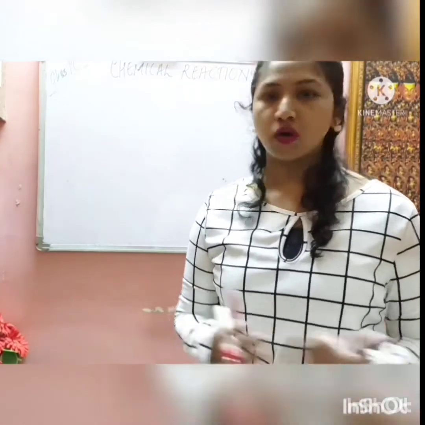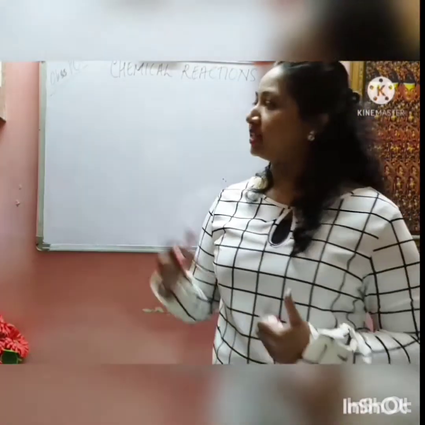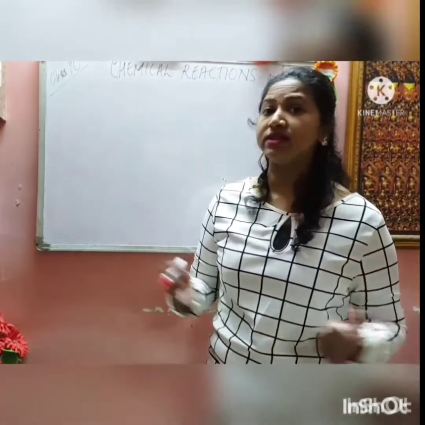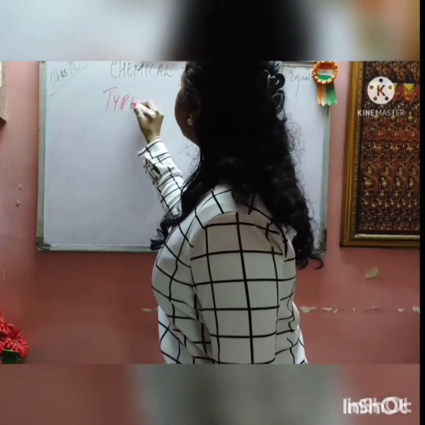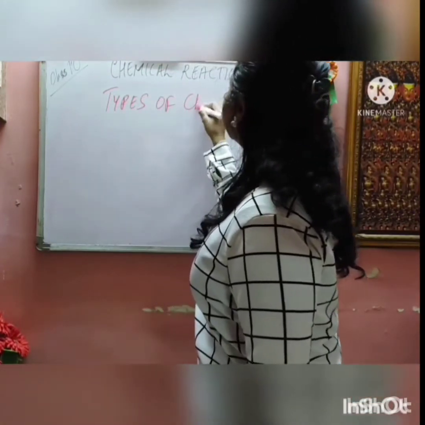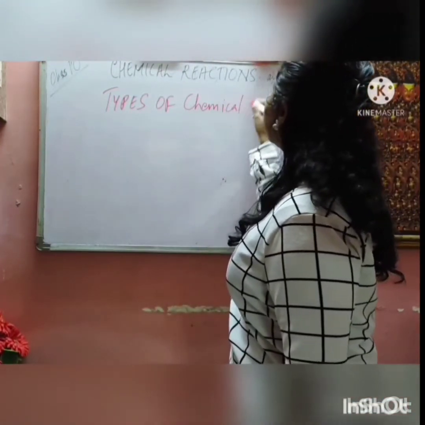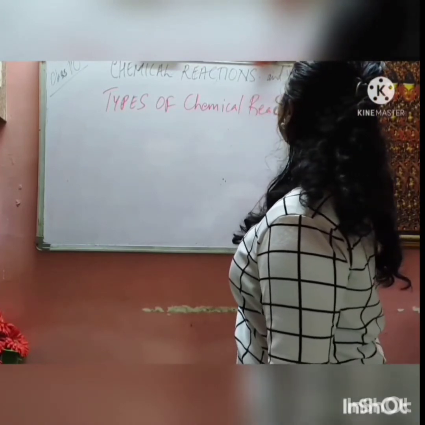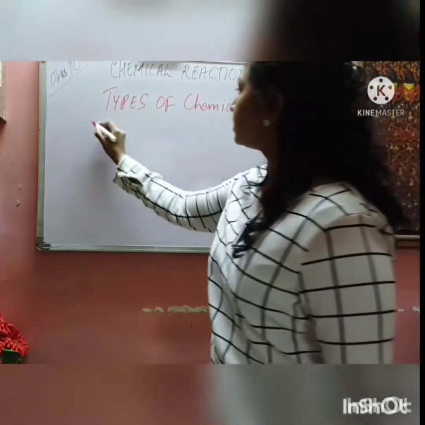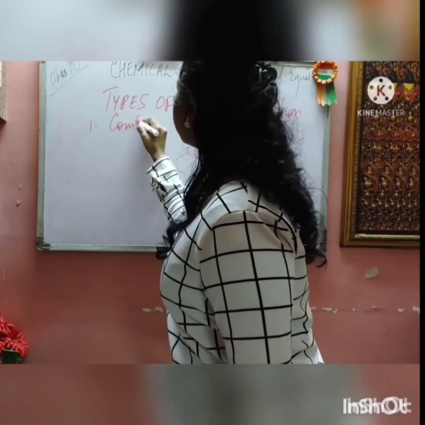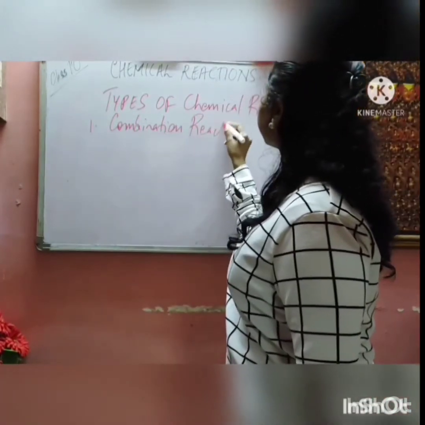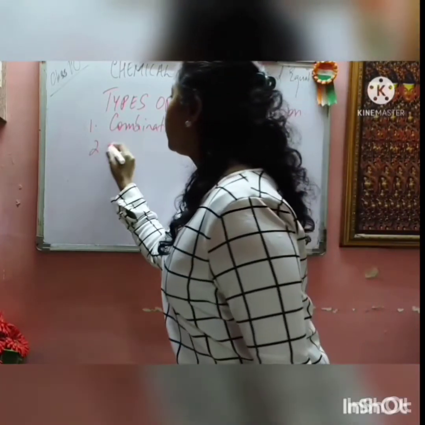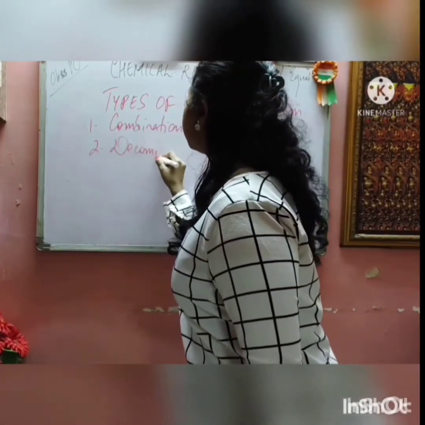Last video was all about what is chemical reaction. In this video we are going to see what are different types of chemical reaction. So let's start. What are different types of chemical reaction? There are basically 5 types. First one is a combination reaction. Second one is a decomposition reaction.